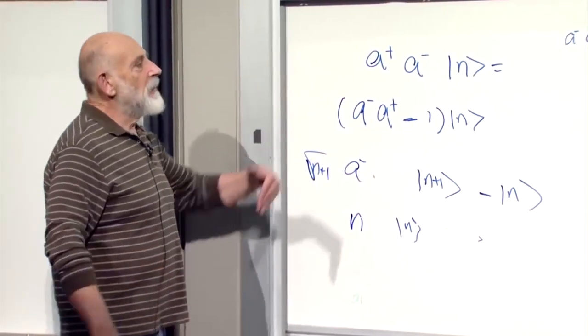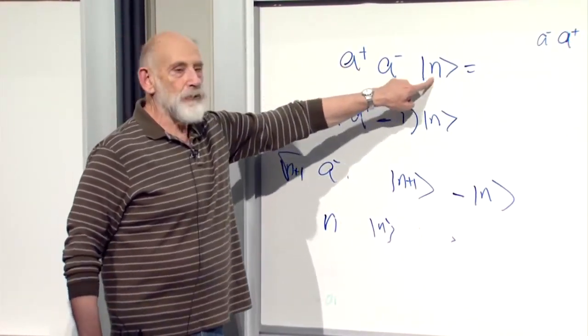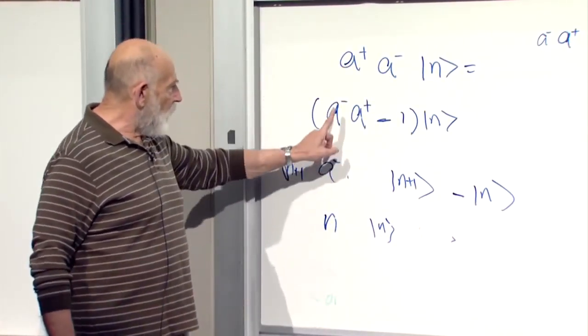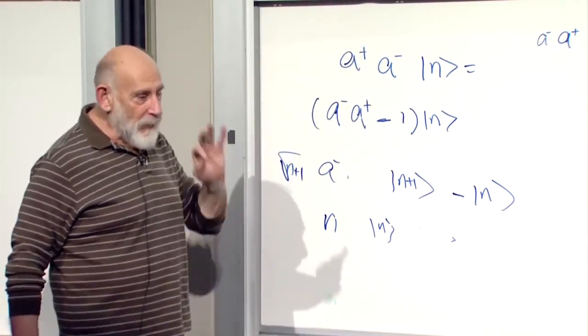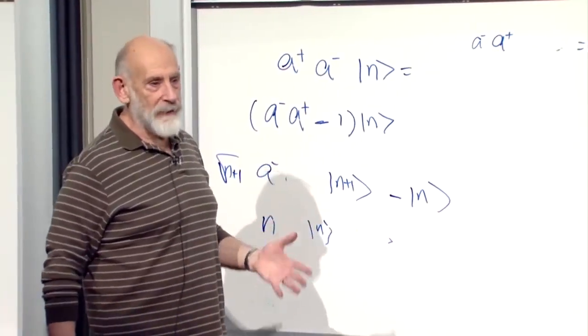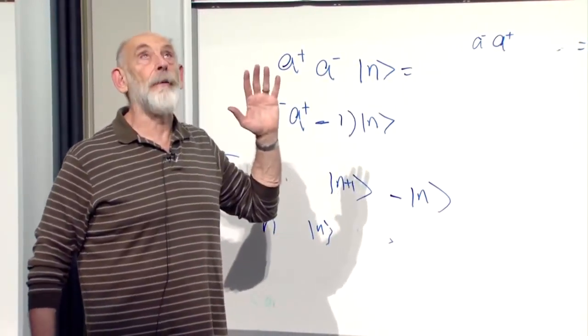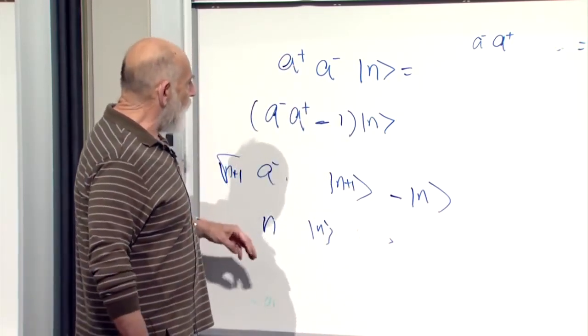In other words, those square roots of n are there to ensure that this vector is really an eigenvector of A plus A minus. And roughly speaking, very roughly, A plus and A minus are of the same order of magnitude. One is P plus iX, the other is P minus iX. Same order of magnitude.